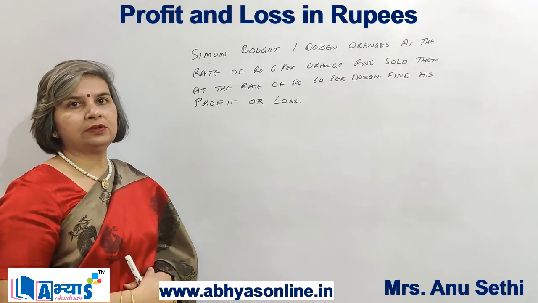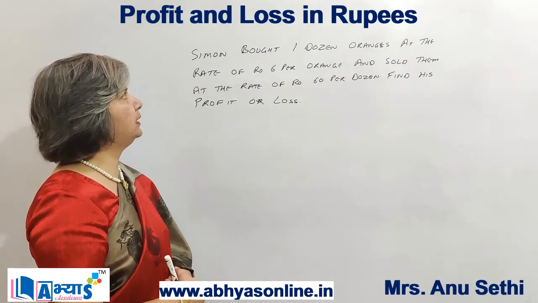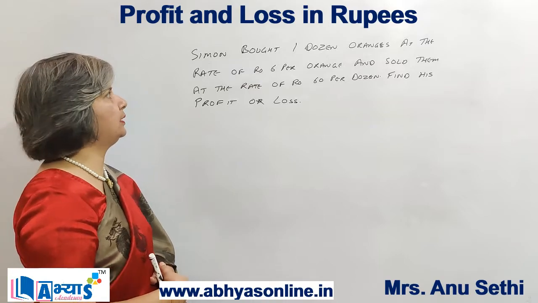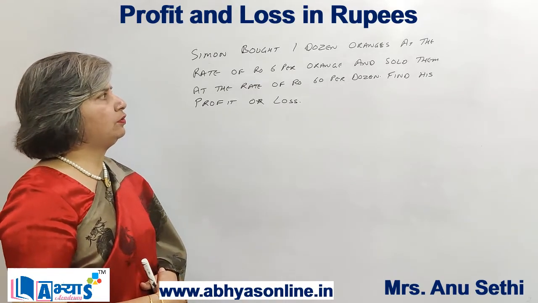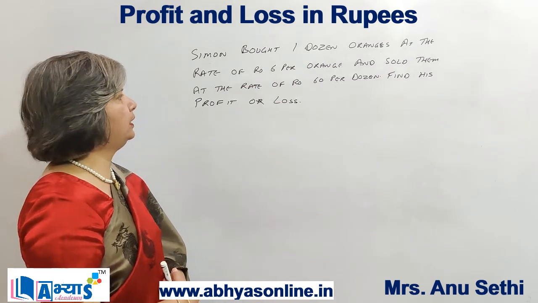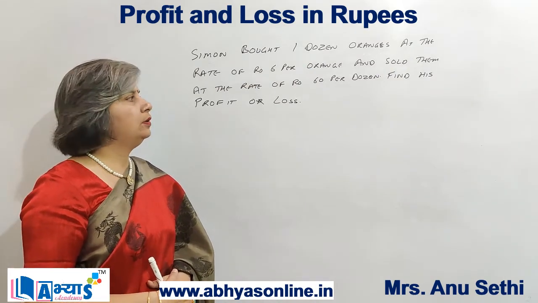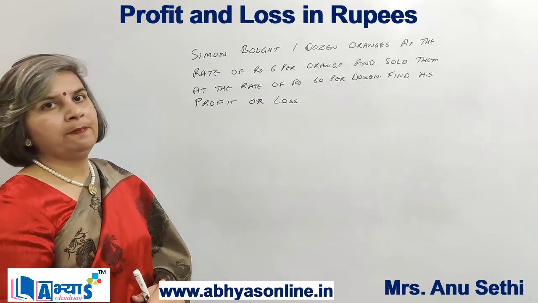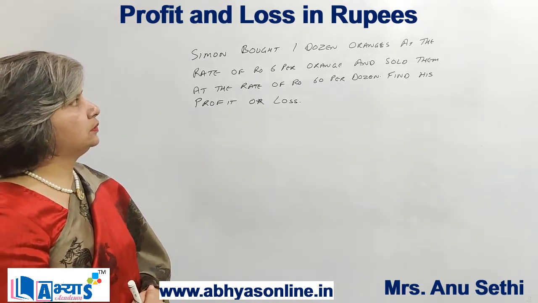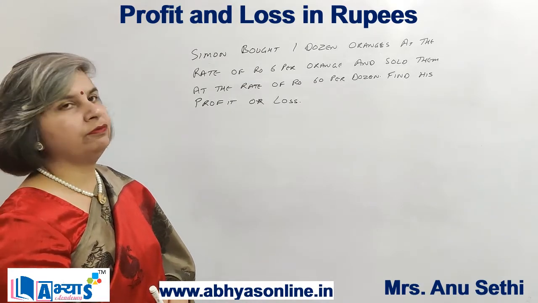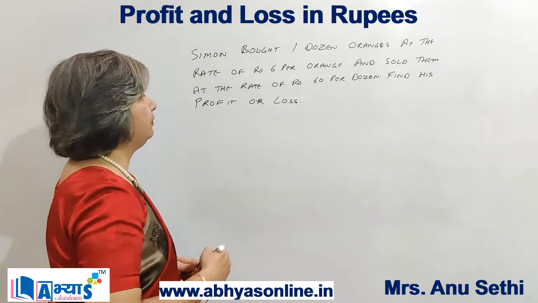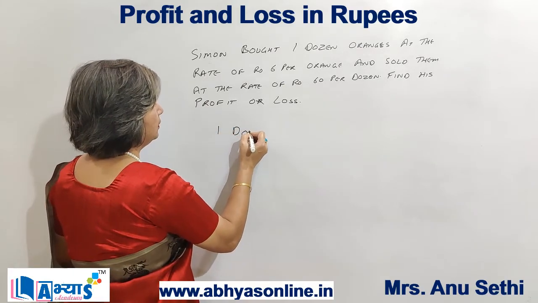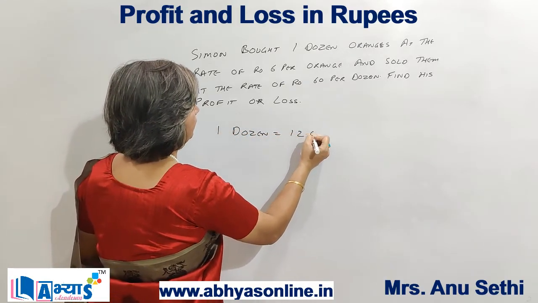Suppose we are given a question in which Simon bought 1 dozen oranges at the rate of ₹6 per orange and sold them at the rate of ₹60 per dozen. Find his profit or loss. That means we are given the cost price of 1 orange, but we are selling 12 oranges, because we know that 1 dozen is equal to 12 oranges.